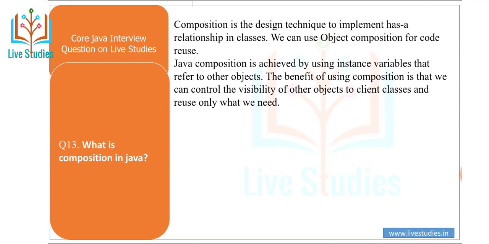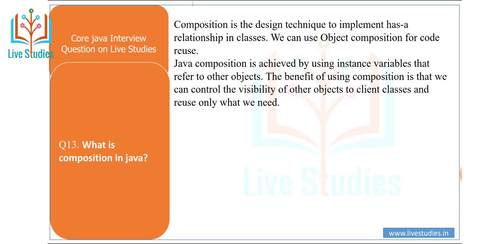Another question is, what is composition in Java? Composition is a design pattern technique to implement a has-a relationship in a class. We can use object composition for code reuse.